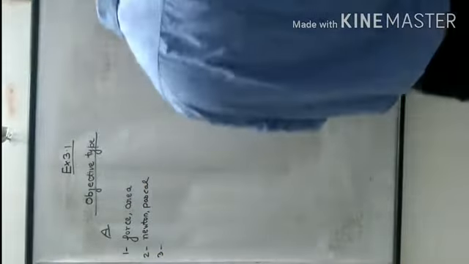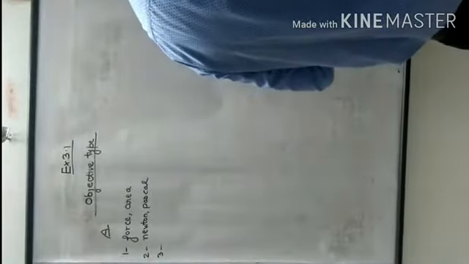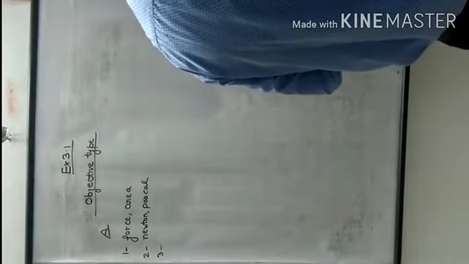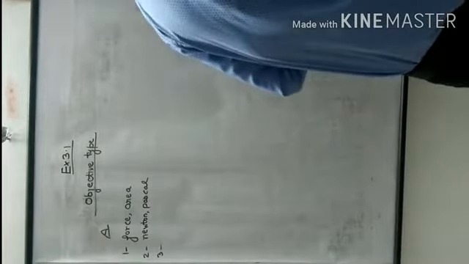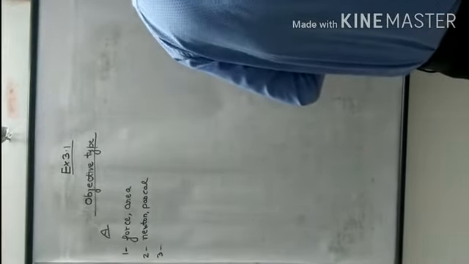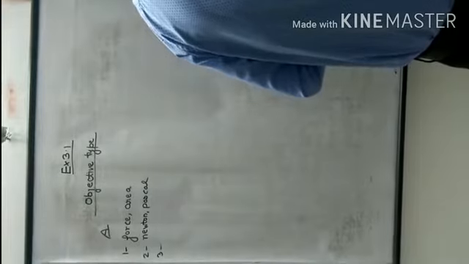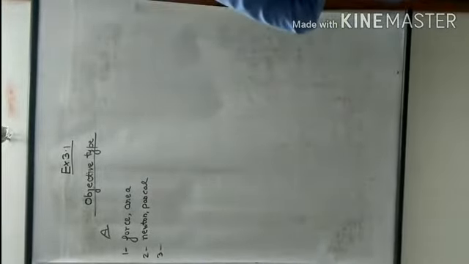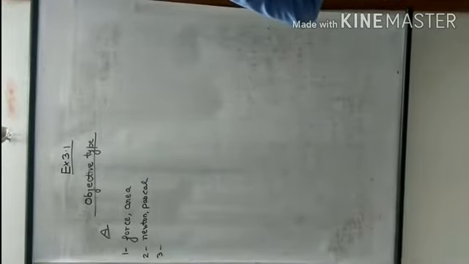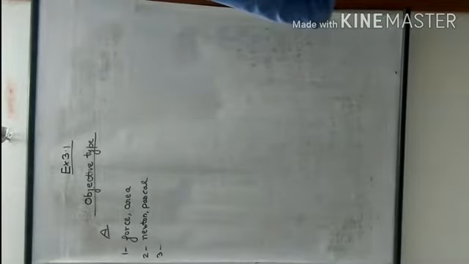The third part is what? Cutting edge of instruments is sharpened by decreasing, and the word given here is area of cross section.